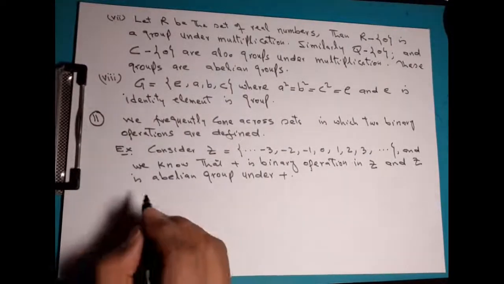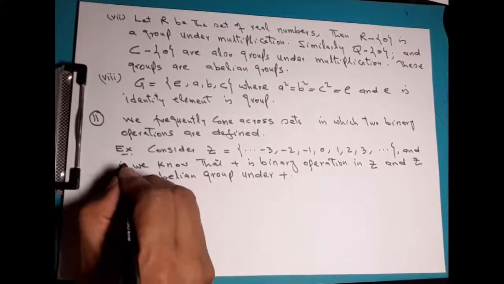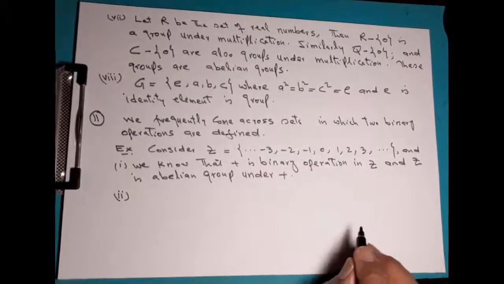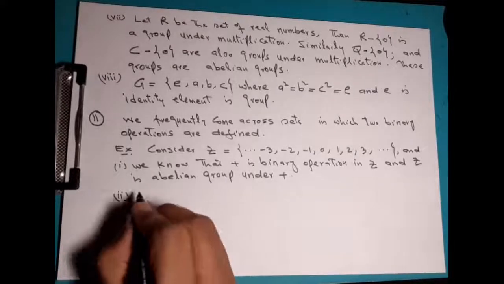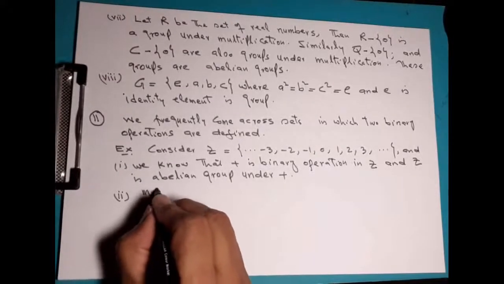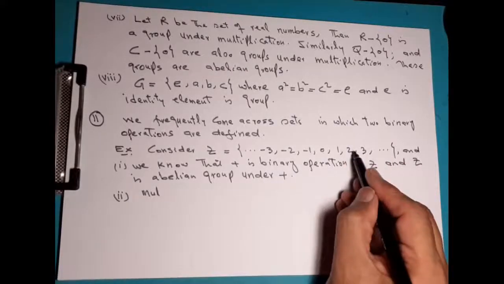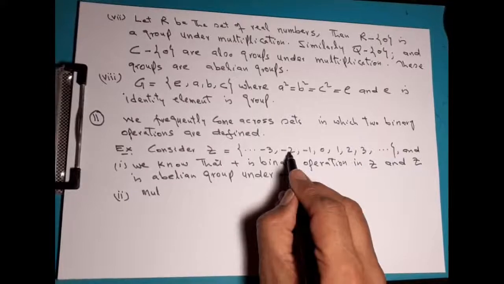This is our first observation, and secondly, multiplication is another binary operation defined in Z. You know that 2 multiplied with 3 is equal to 6, and 2 multiplied with minus 2 is minus 4.